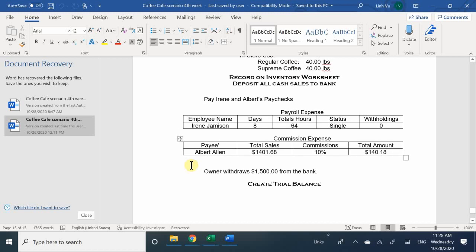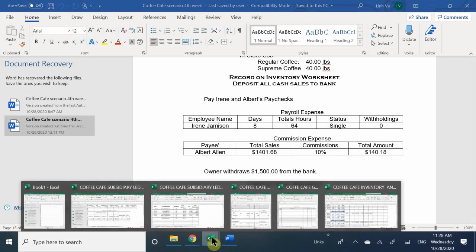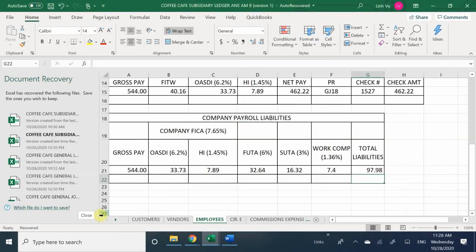So here, Albert, right? Where can we find the total sales that he made? Commission. So let's go ahead and verify that this information is correct. Go to your subsidiary ledger. Go to your commissions.